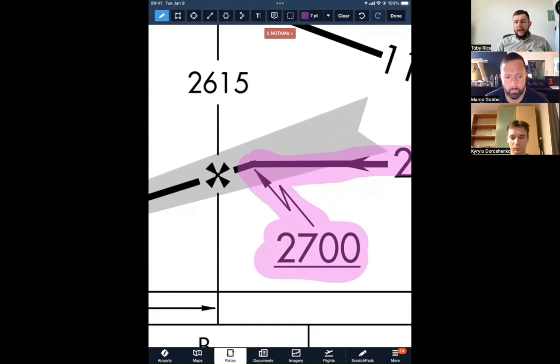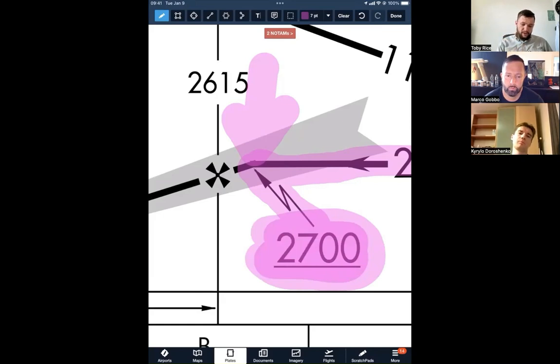Now you wonder, how do you know where this is? There's no mileage markers on this. Tell me, how do you know where this point is located? Isn't that supposed to be the green diamond that starts coming down? Yes, glide slope intersection. It is not an actual point that you can find on a GPS. It is simply the point in space where you are when the glide slope needle centers and you are at 2,700.